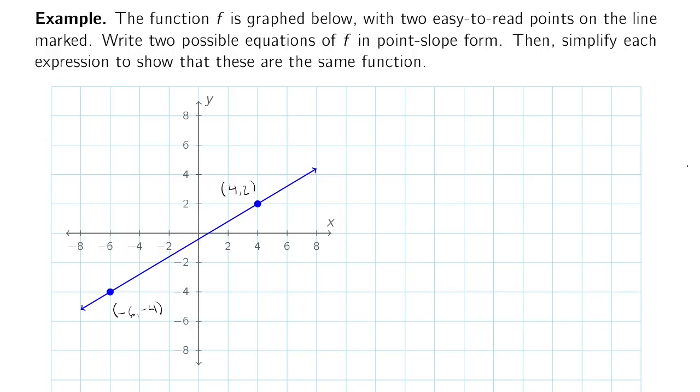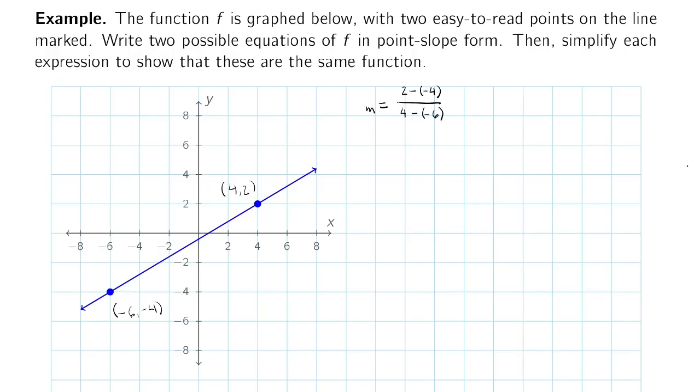We'll say that our slope is the change in y, 2 minus -4, over the change in x, 4 minus -6.